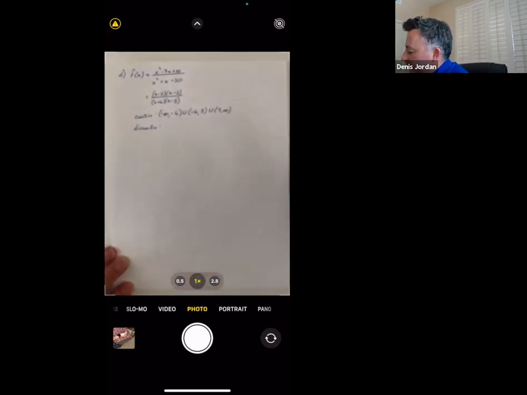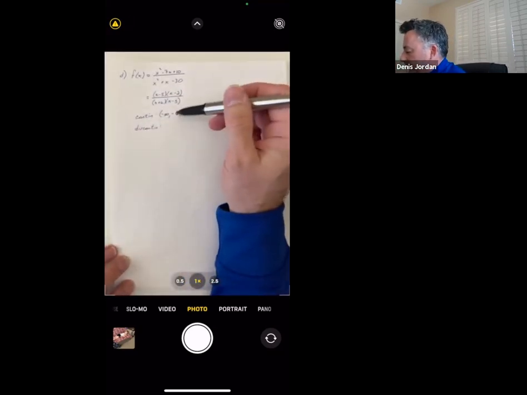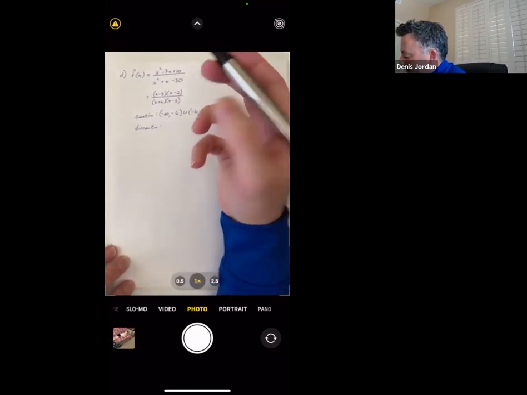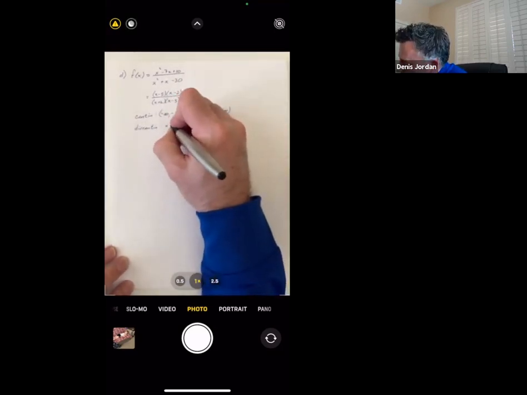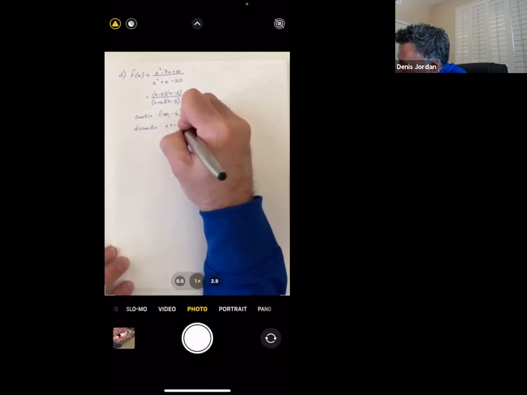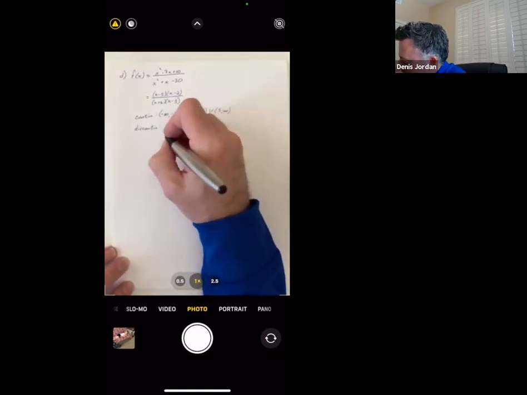Then your discontinuities are all the values that you just skipped over, the values that make the denominator 0. So x equals -6 and x is equal to 5.